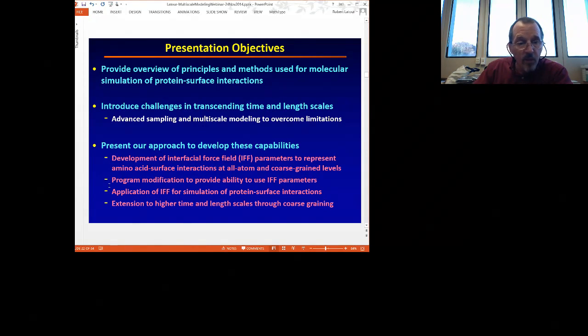Once we have developed interfacial force field parameters to accurately represent how the amino acids of a protein will interact with surfaces, we can then apply those to simulate protein-surface interactions. And we're looking at extending that to higher time and length scales through coarse-grained methods.